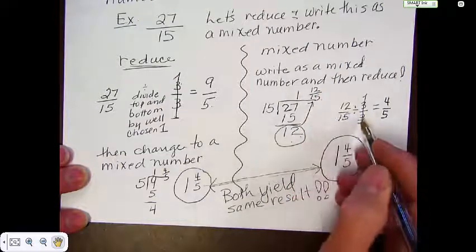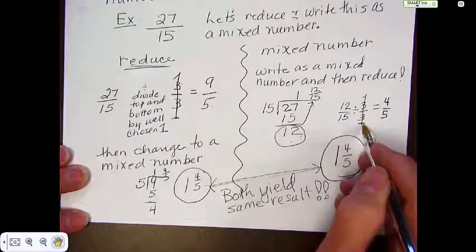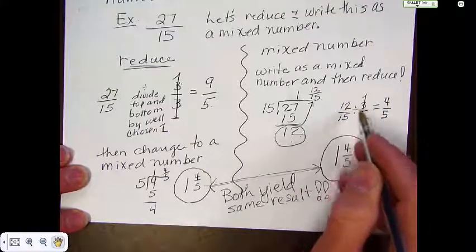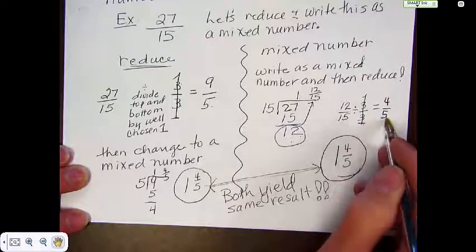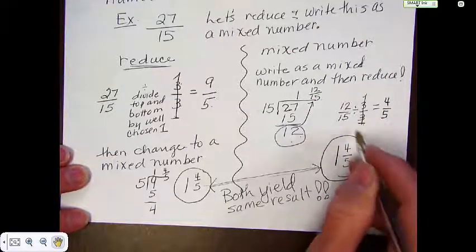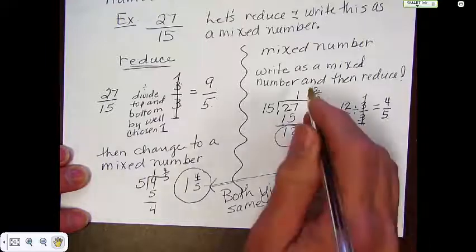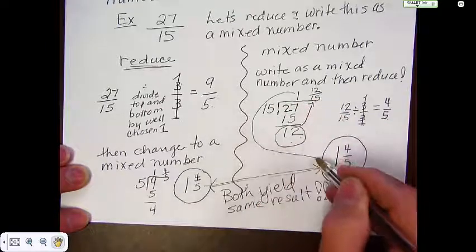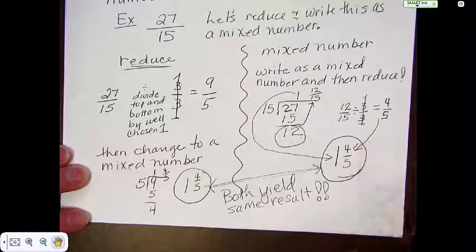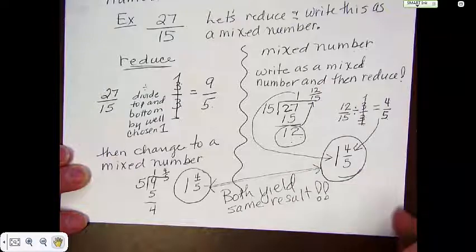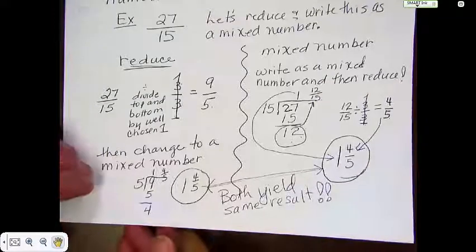So we go over here, use our special 1, 12 over 15 divided by 3 over 3, which is basically 1, but it does help us to reduce that. The only thing that's tricky about this is to remember to bring that 1 down here. You got the 4/5 over here and then 1 there. But guess what? Doing it both ways gives us the exact same result.